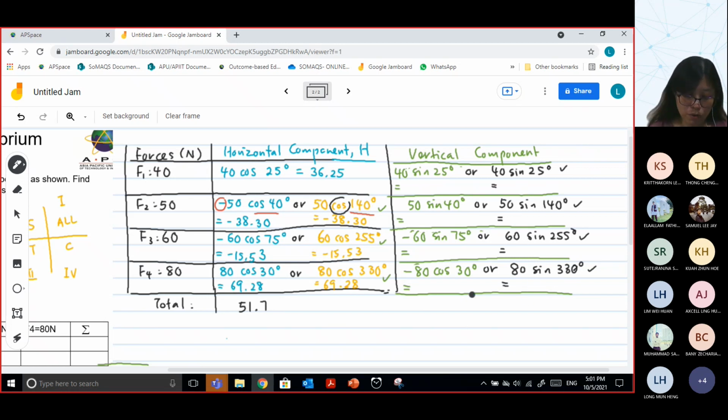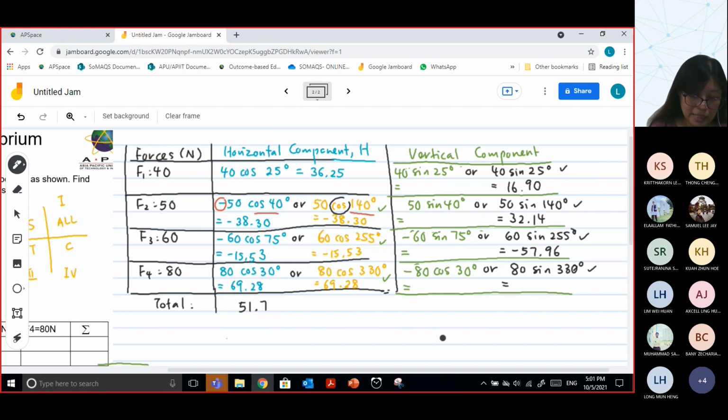Okay, so 40 times sine 25, you get 16.90. 50 times sine 140 will be 32.14. 60 times sine 255 will be negative 57.96.